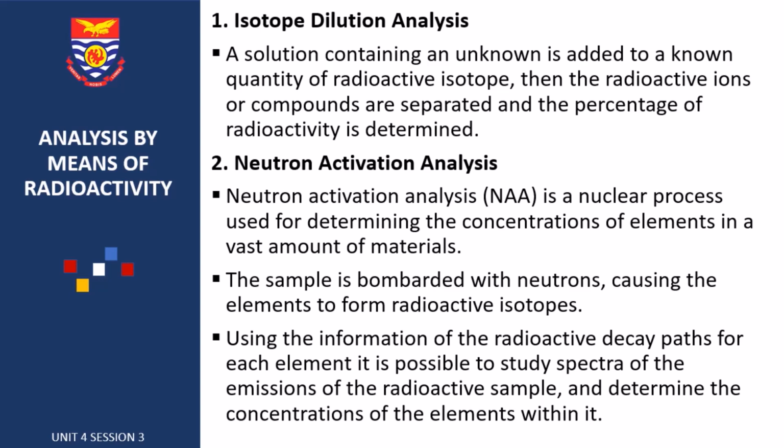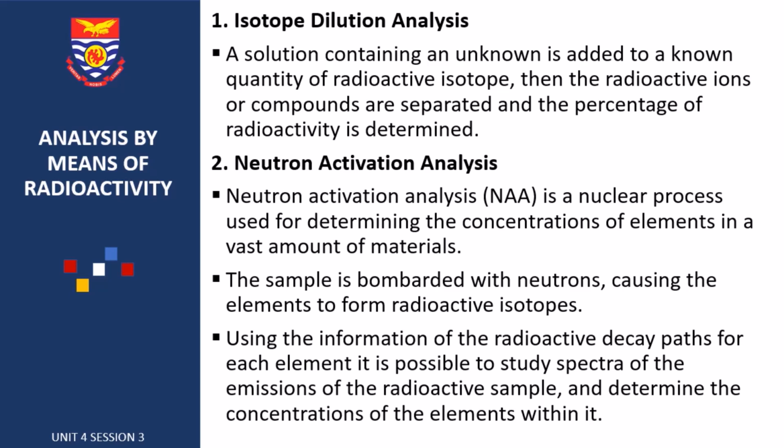Another method for analysis by means of radioactivity is neutron activation analysis, which is abbreviated as NAA. The NAA helps us to determine the concentration of elements in vast amounts of materials. Now, to do that, a sample is bombarded with neutrons.